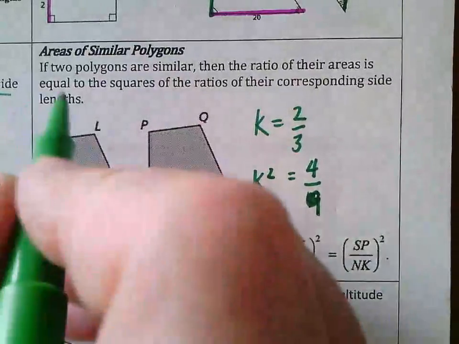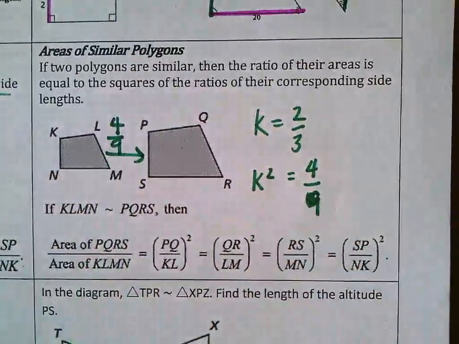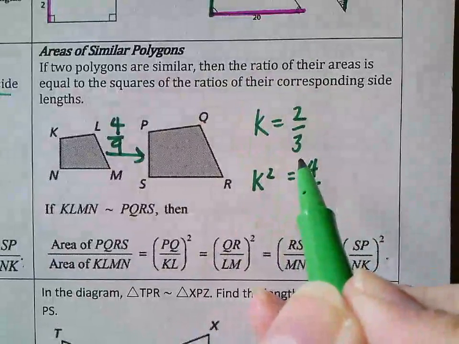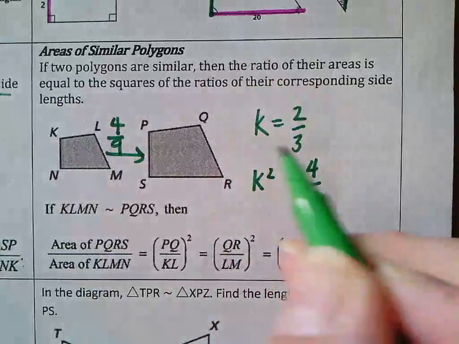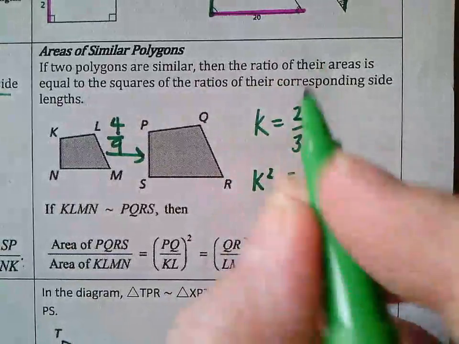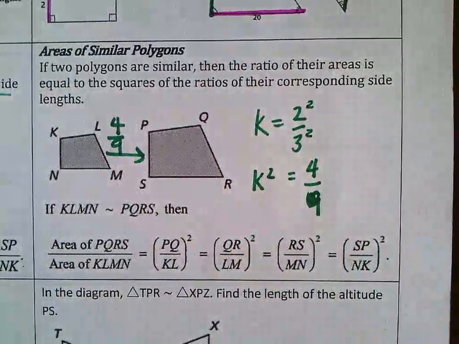So the K factor here, if you're looking at just area, is going to be 4 over 9, not 2/3. If I was doing perimeter, it would be 2/3. But if I do area, I have to square it, which means I have to square the numerator and the denominator.